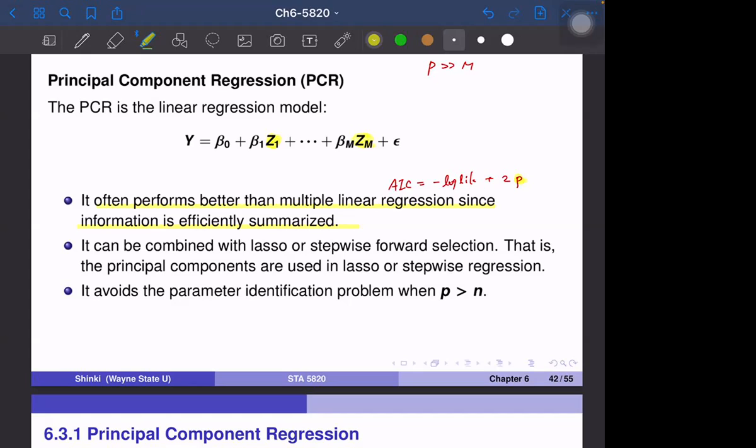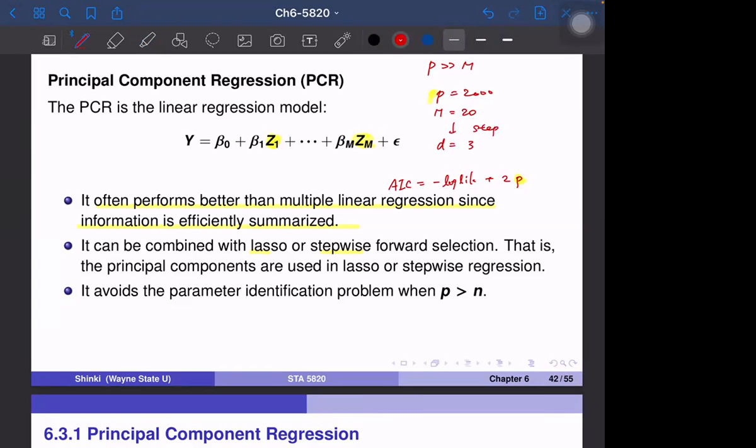If p is very large, then we can combine methods such as Lasso or stepwise selection with principal components. For example, p is 2000, and we summarize it and m becomes 20. Then we do stepwise regression, and finally we choose maybe only 3 variables or something like that.